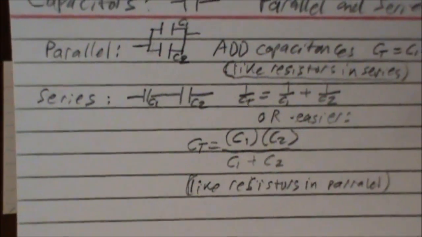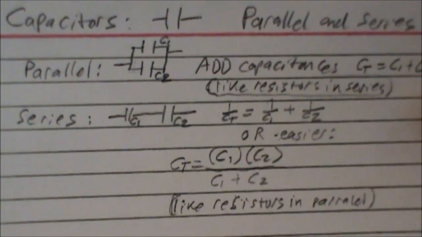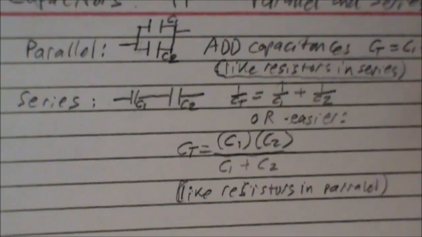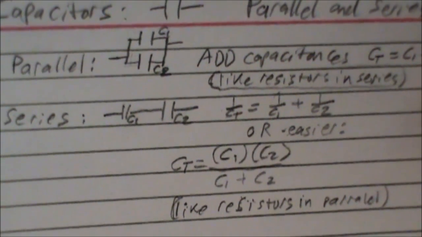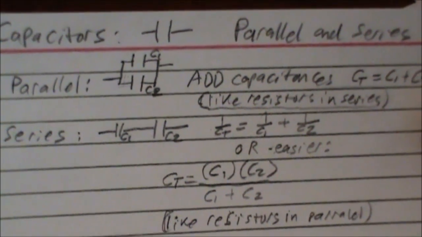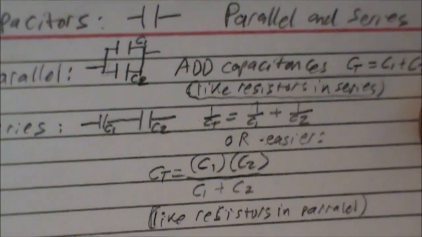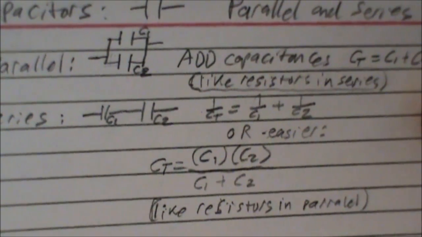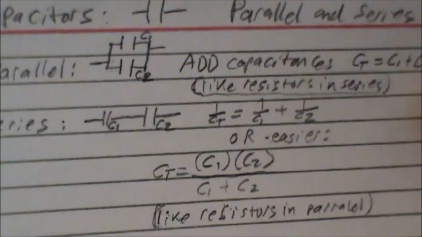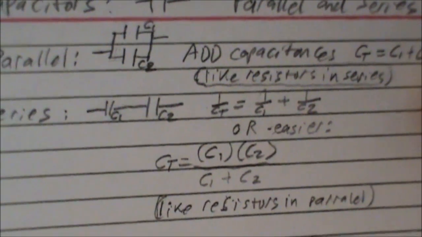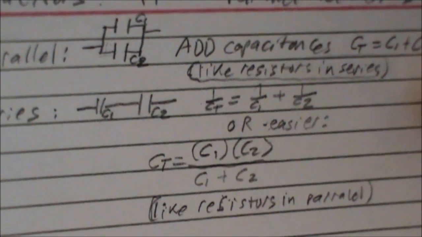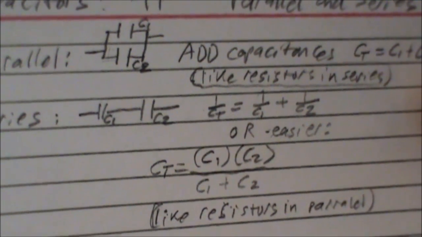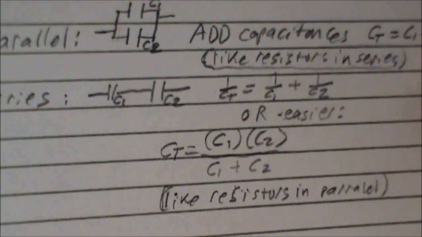And if they're in series, it works like resistors in parallel. So 1 over C sub T, where C sub T is total capacitance, equals 1 over C1 plus 1 over C2, capacitor 1, capacitor 2. However many you have, you just add them all up. Or it's easier, if you have just two, then you have, again, the product over the sum.